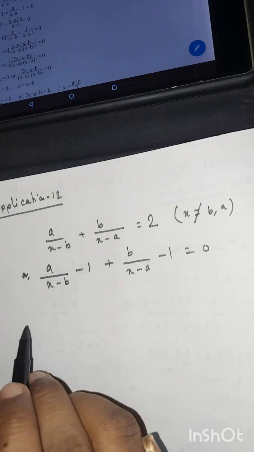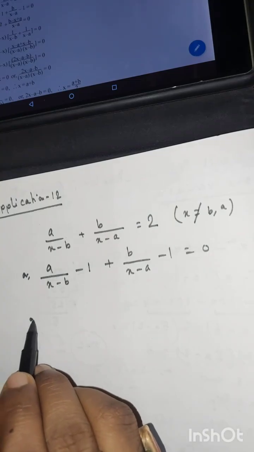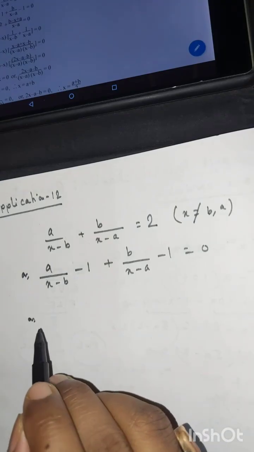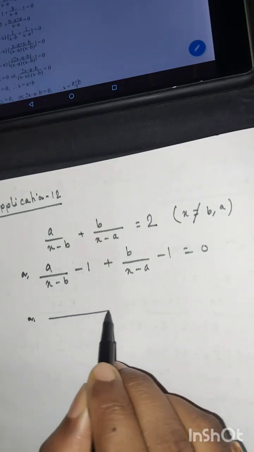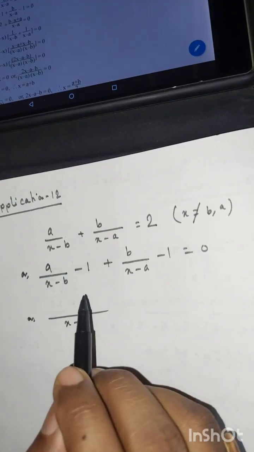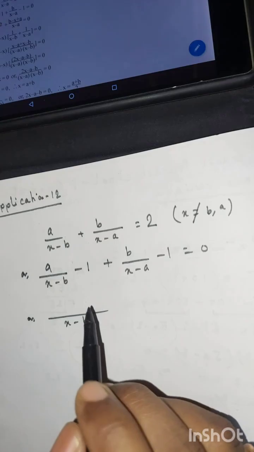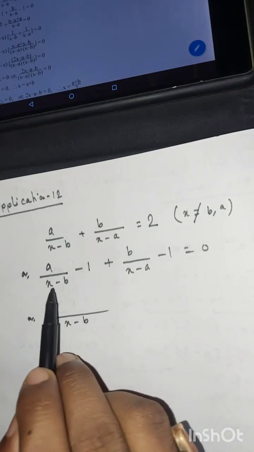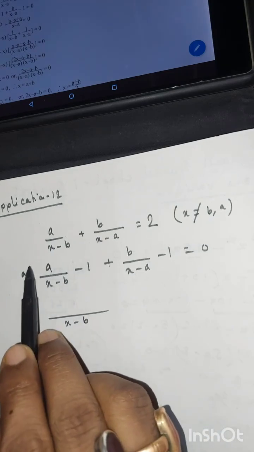Now if we find LCM, we are doing this part first.